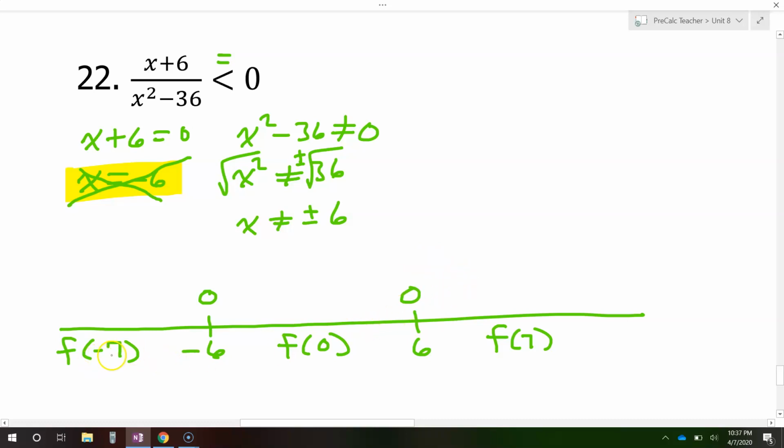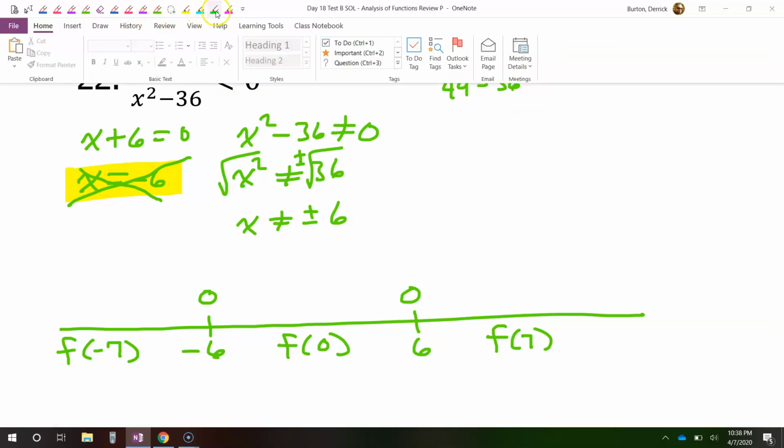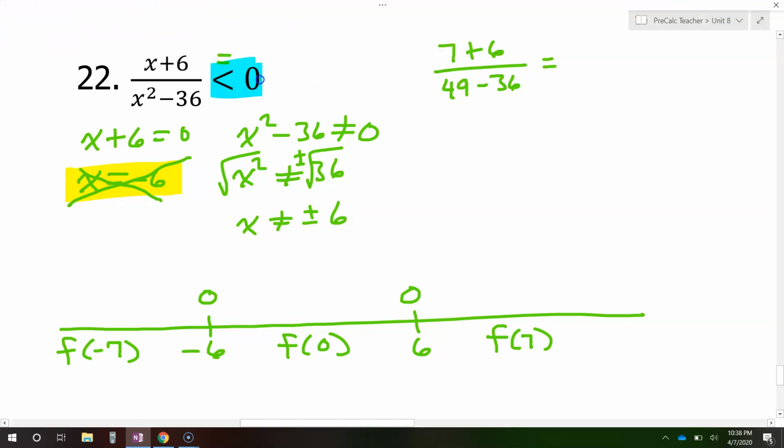All right, so how about 7? If I substitute in 7, that's going to be 7 plus 6 over 7 squared, which is 49, minus 36. And the question is, will it be less than 0?